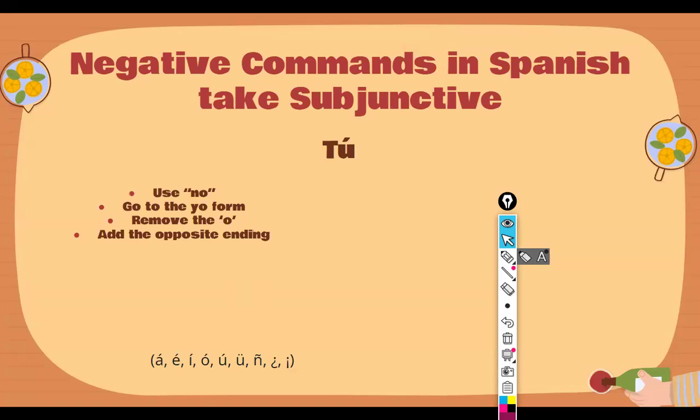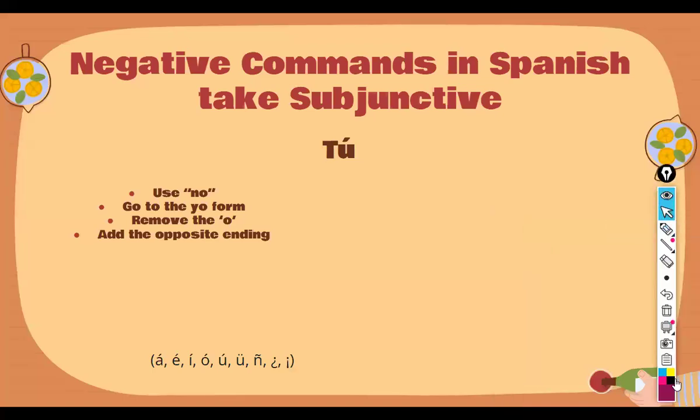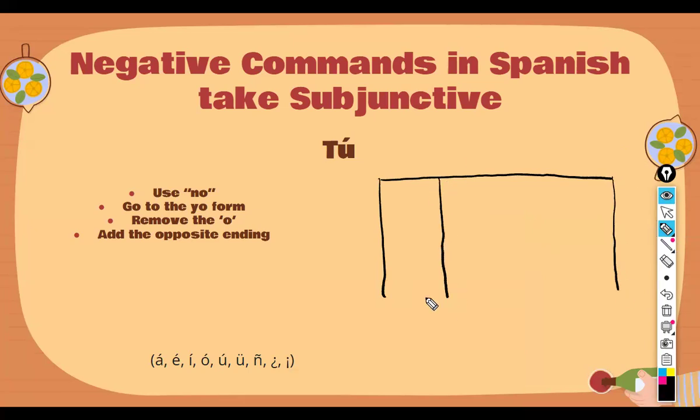So for tú, what you could do is draw a table. It's just a suggestion, or you could write a note going down. If you don't need to have it separate, you could have a table, and on this side of the table, you could put this note because it's going to be the same for all of them.